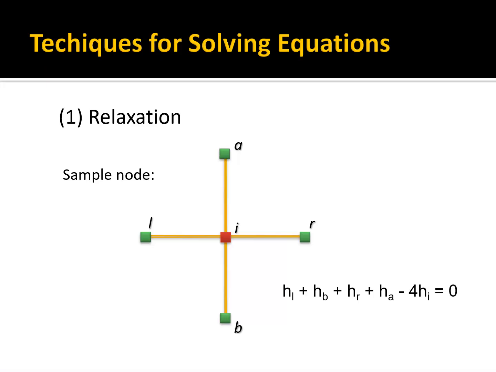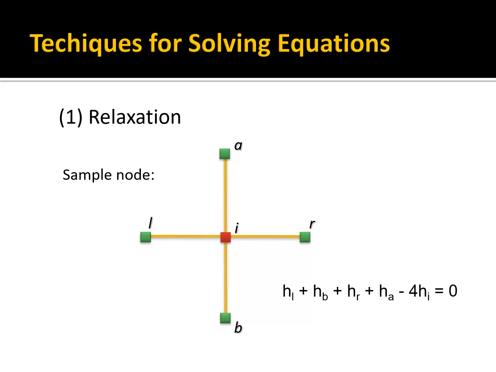There are actually quite a few more solution techniques, but we'll show some of the classic techniques for solving these equations. One of which is called relaxation. So, for example, let's suppose we're looking at node I, and remember HI is equal to 1/4 of HL plus HB plus HR plus HA.